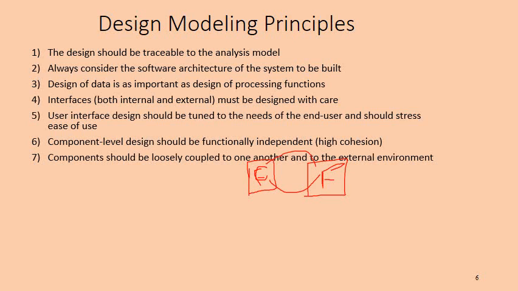So high cohesion means, if you are designing a function, all the components should be related within this, a strong foundation, dependency within this, but not outside this. It should be loosely coupled with other or to the external environment. It means just giving an information, no dependency on the other people. This indicates the low coupling.